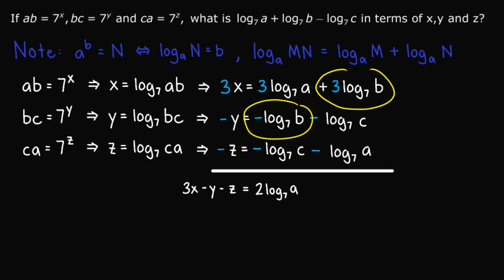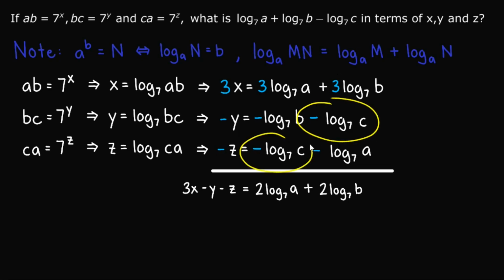So we'll just get 2 log of b to the base 7 there. Then lastly, for the log of c to the base 7, we have this and this out here. Subtracting or combining these two will get 2 log of c to the base 7.